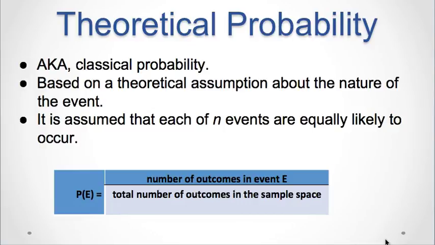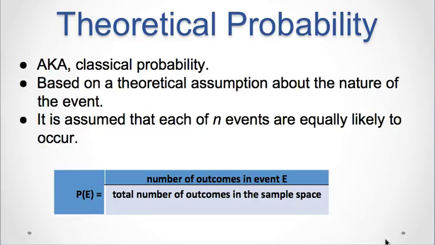An example of calculating probabilities using the classical method would be, let's say that we have a fair die, and we want to calculate the probability of rolling an even number. What is the total number of possible outcomes in the sample space? There's a total of 6 possible outcomes: 1, 2, 3, 4, 5, and 6.